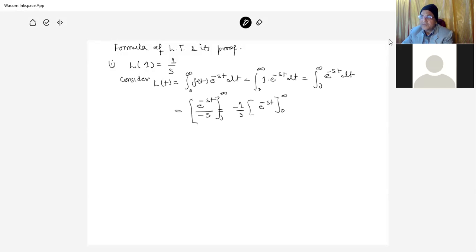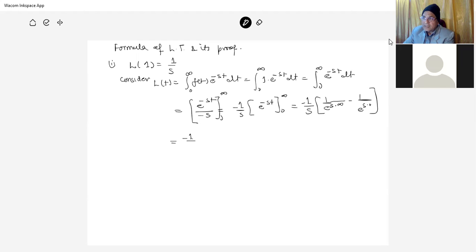0 to infinity. So this is minus 1 by s, 1 upon e raised to the power s into infinity, minus 1 upon e raised to the power s into 0. So what will we get?